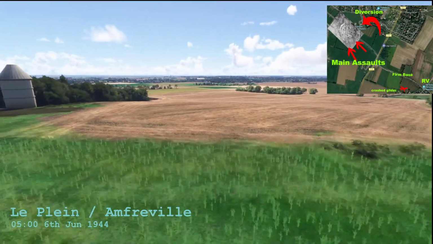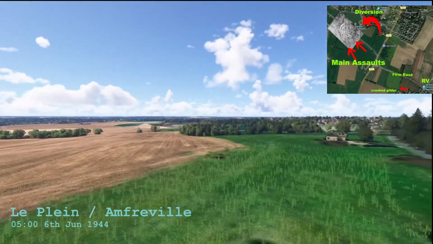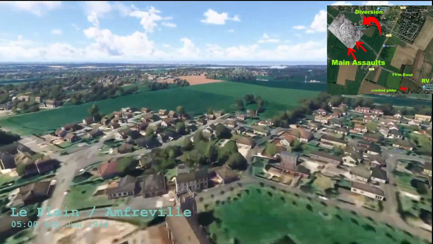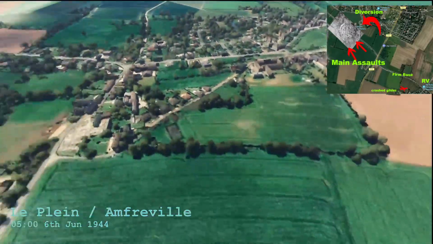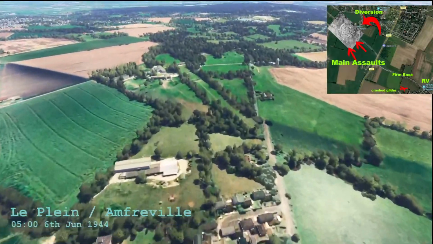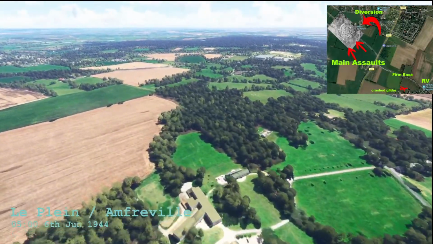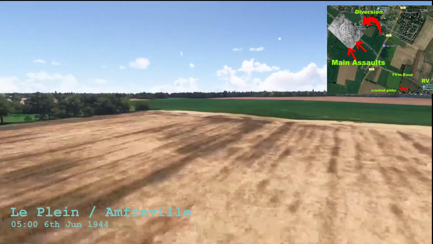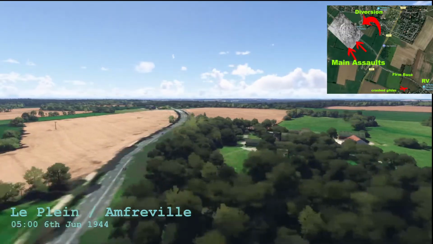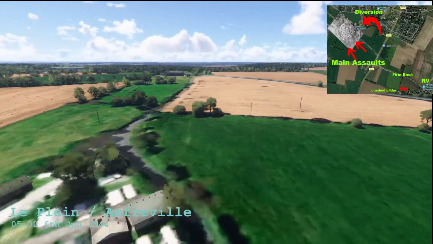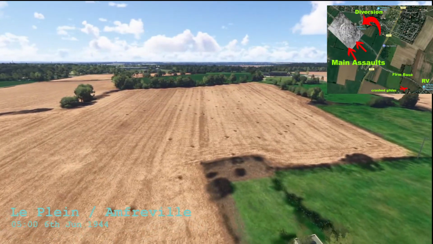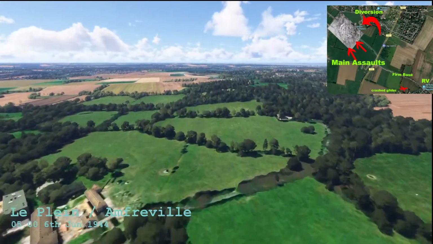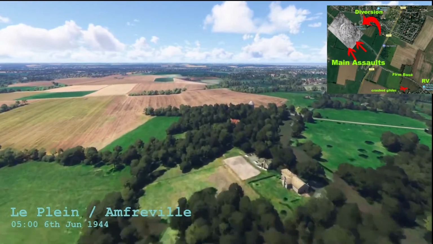So this is the Breville Ridge, and basically this road and all this access becomes the front line, and the Germans will be pushing up here. They know this ridge is important, because it will enable them to command the battlefield down to and over the river.